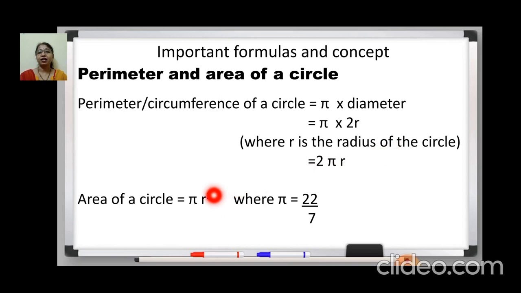So if r is the radius of the circle, then area of a circle is given by the formula pi r square, where pi is an irrational number. Why? Because its decimal representation is non-terminating, non-recurring type. So therefore it's an irrational number, and the value of pi usually we take 22/7.